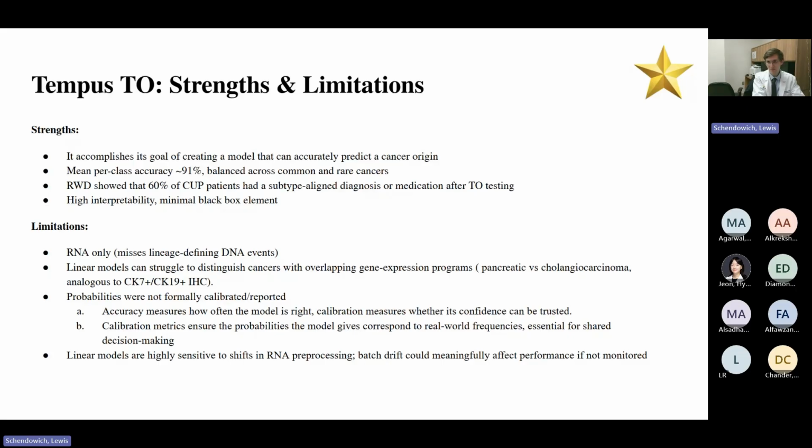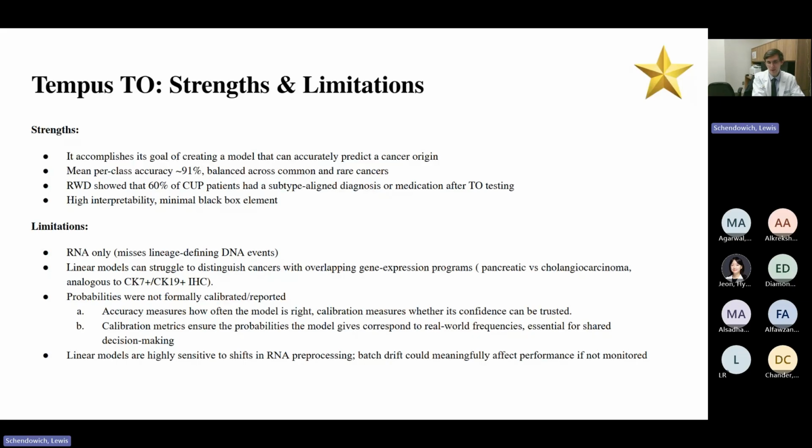How confident is the model in its prediction? Calibration metrics ensure that the probabilities the model gives correspond to real world frequencies. Basically, is the confidence that they're providing you or showing you accurate? And can you really use it in regards to making a clinical decision?